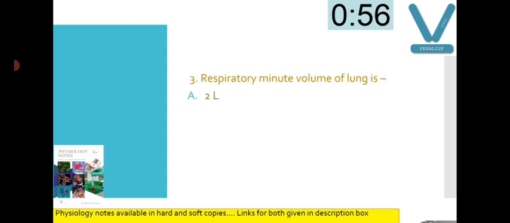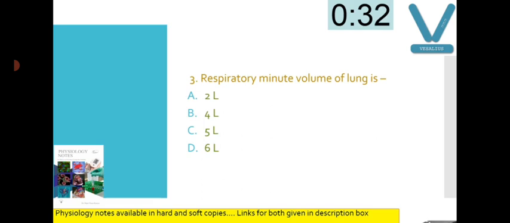Respiratory minute volume of lung is, we all know, also known as pulmonary ventilation. It is equal to tidal volume multiplied by respiratory rate.